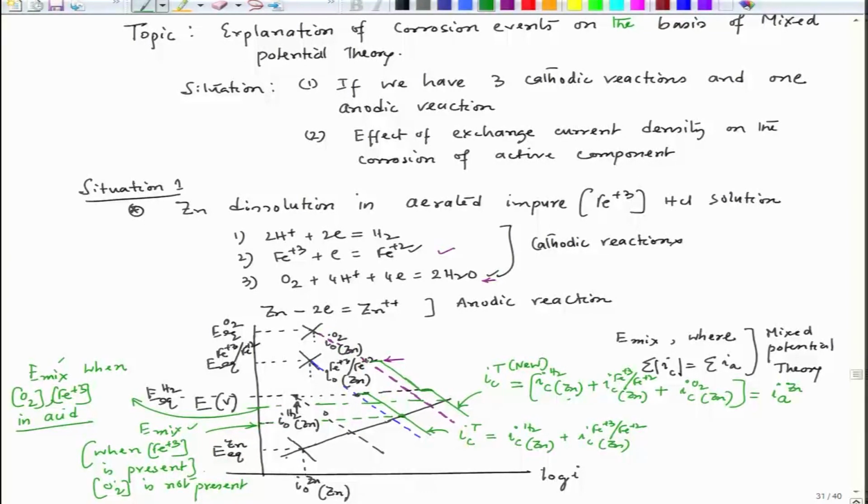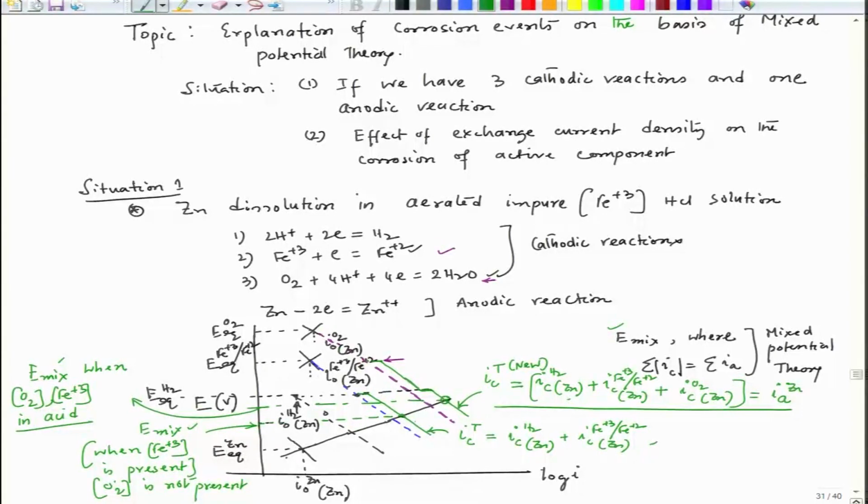So, this is my complete diagram, and at this point this is the E mix, and we could see that the total IC equals the total IA, and here only one IA is present. Similarly in this case, IC total is basically the combination of two reactions because one reaction is not taking place.